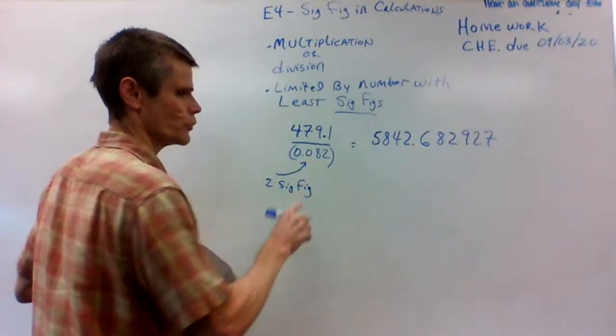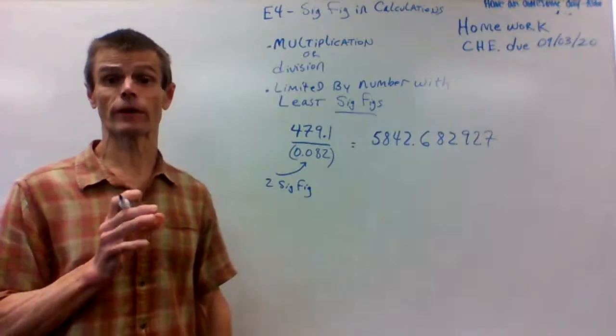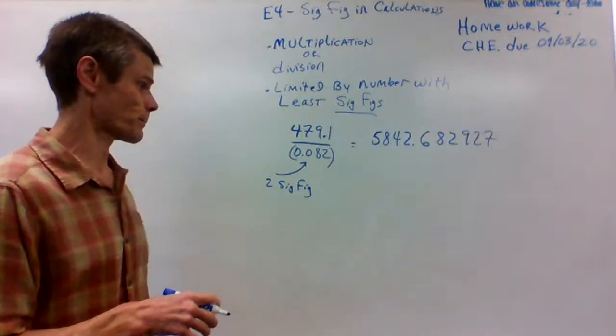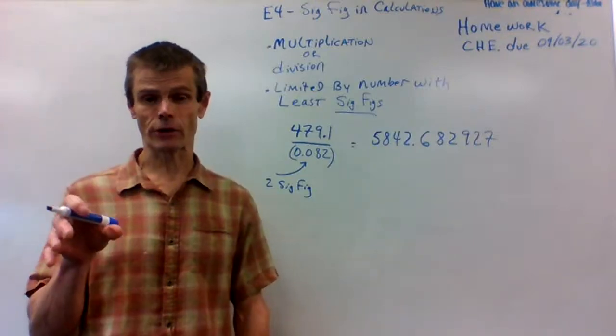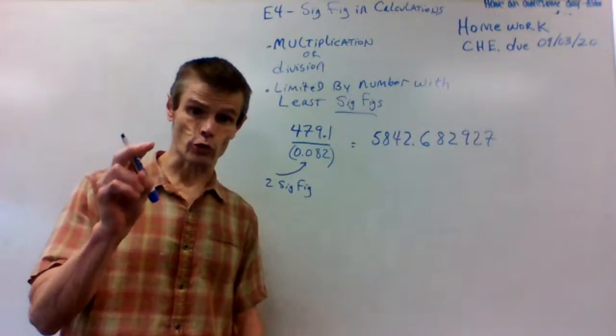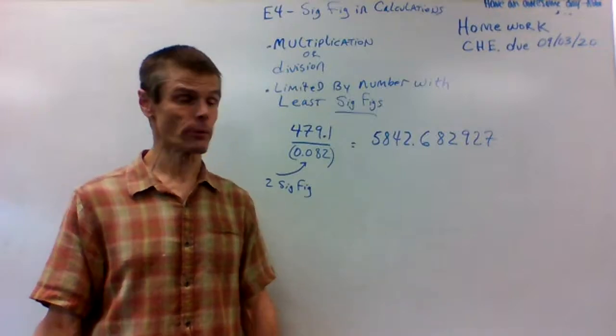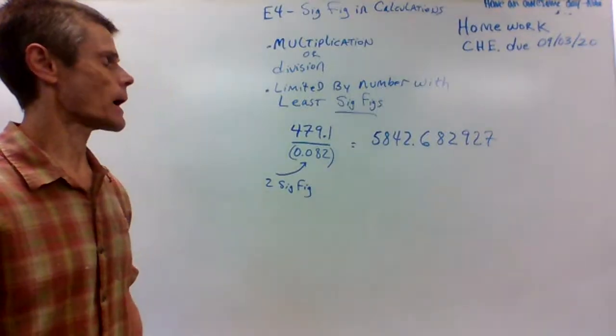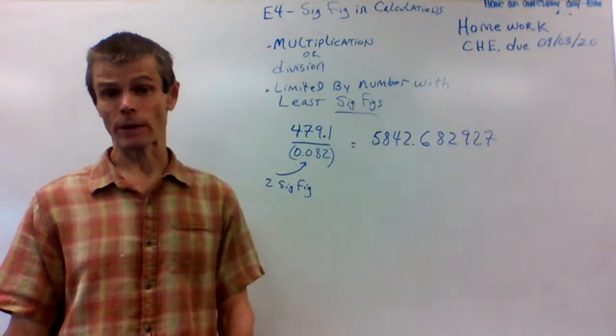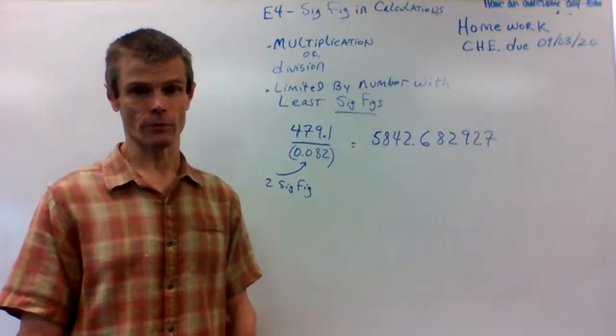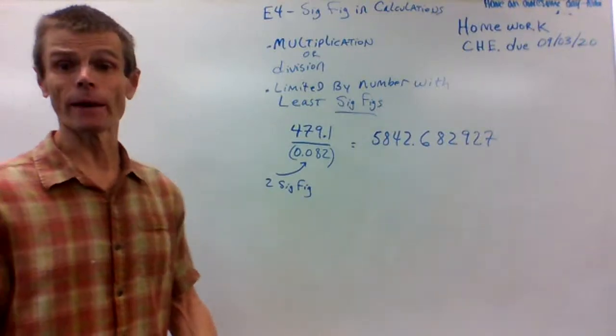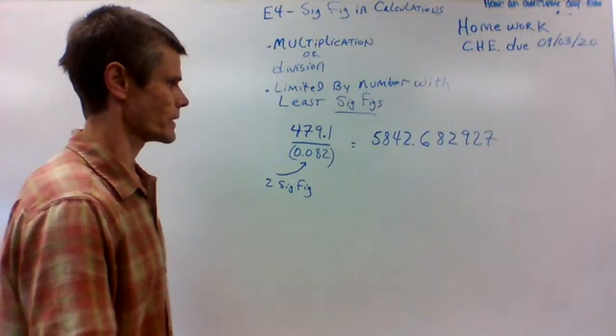The 8 and the 2 are the only 2 significant figures in this example. Therefore, our answer has to have 2 significant figures also. So our question asked us to report it using scientific notation.